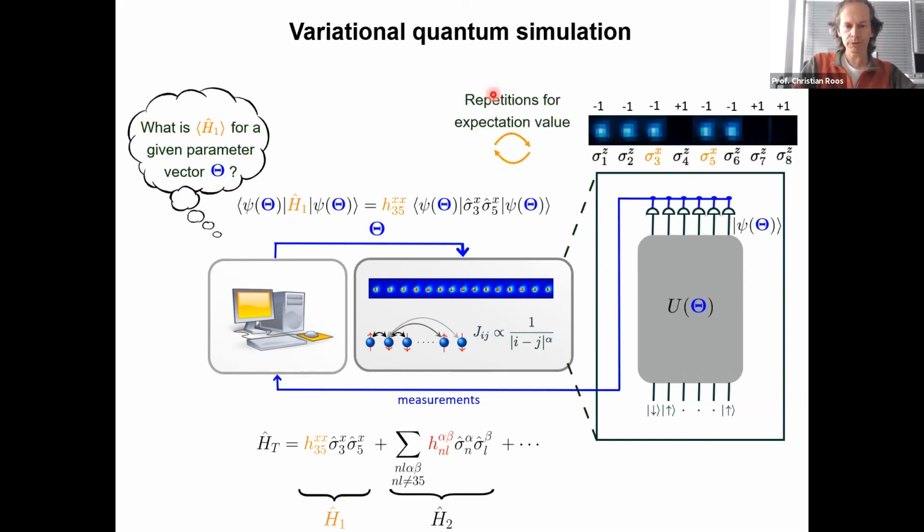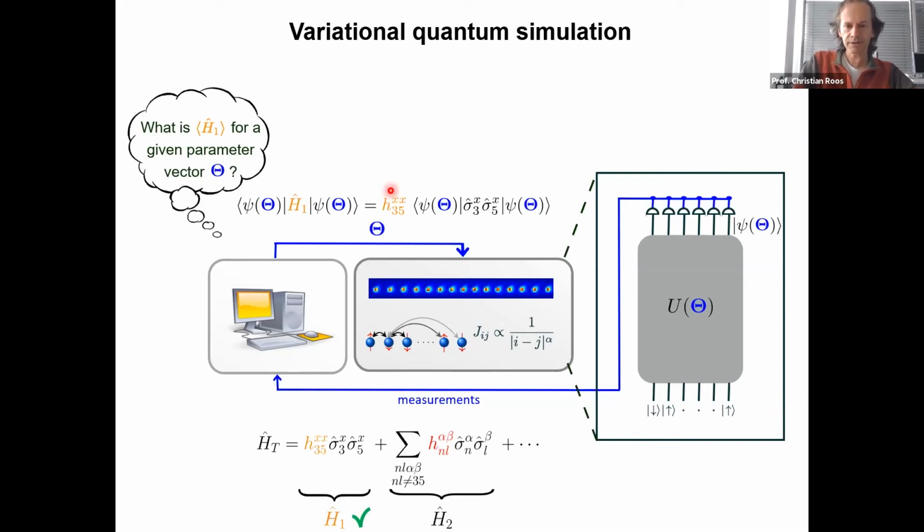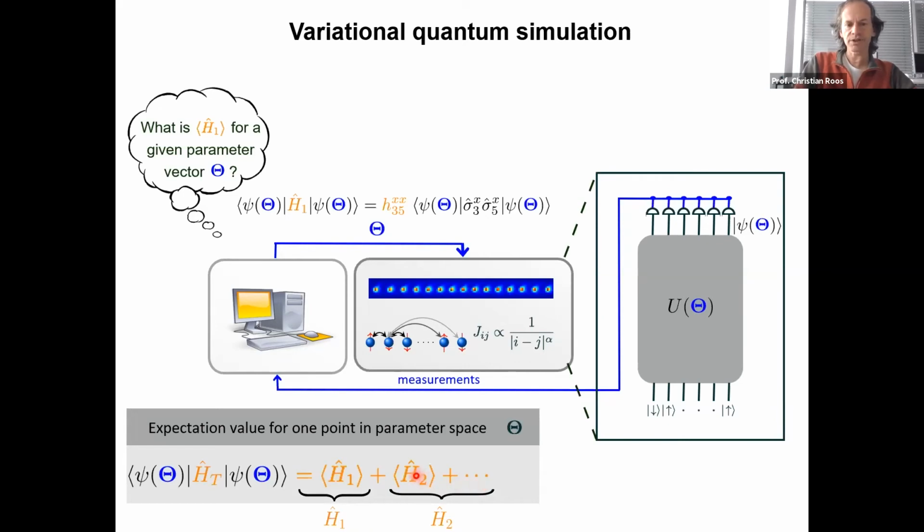And in the end, we can estimate the expectation value of this term, and then we can multiply it with this constant here, and then proceed to a measurement of the next term in the Hamiltonian in the same way. And in the end, we sum up these expectation values, and this should be an estimate of the expectation value of this particular quantum state with respect to this target Hamiltonian.